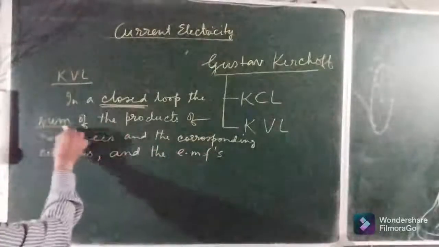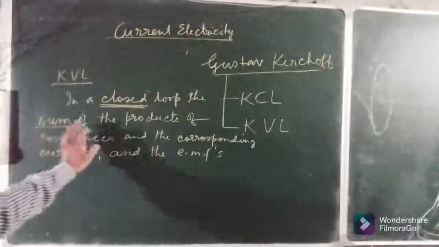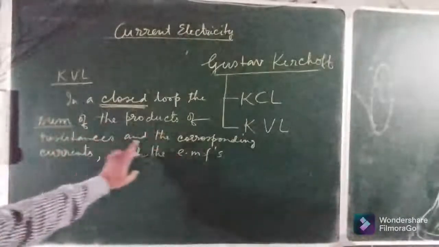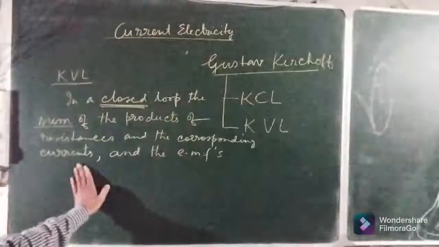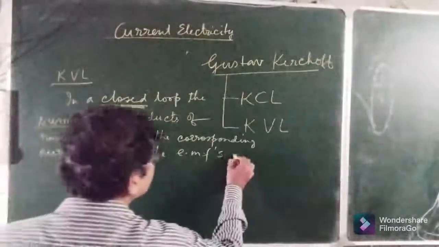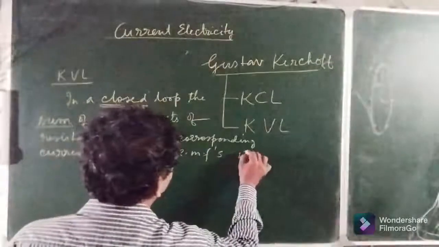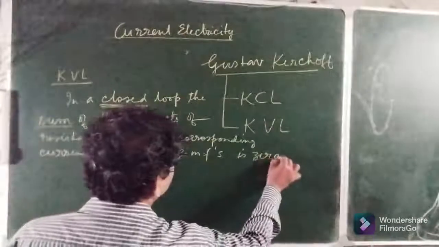So whose sum is to be taken? The sum of the products of resistances and corresponding currents and the EMFs is 0.